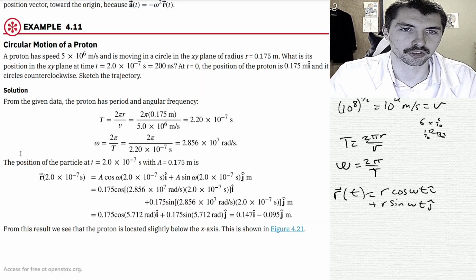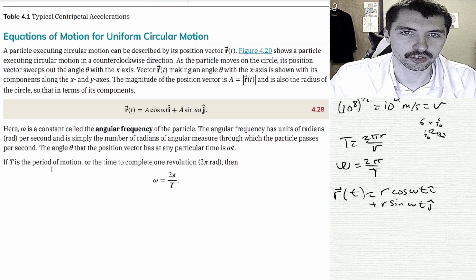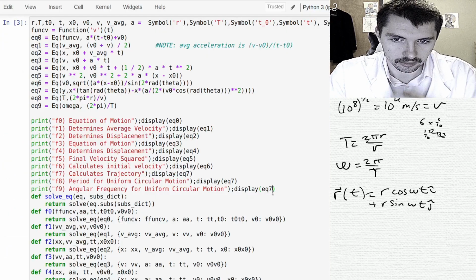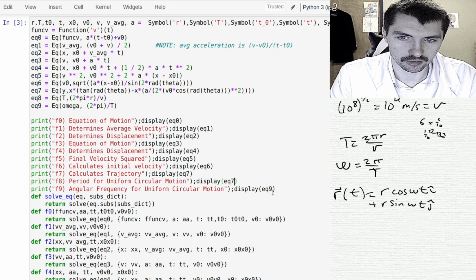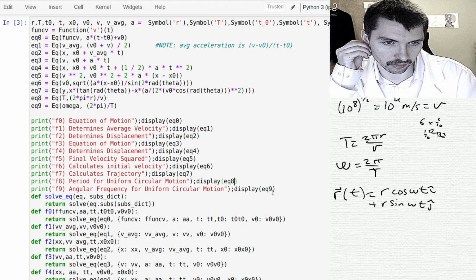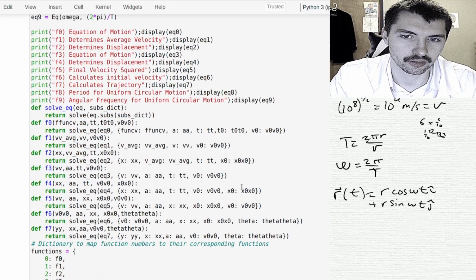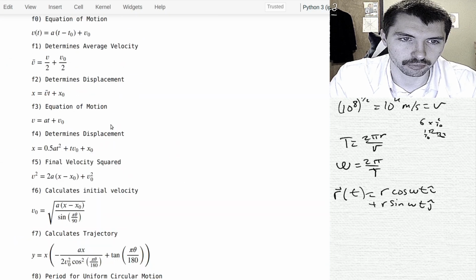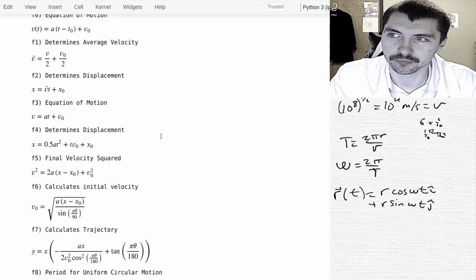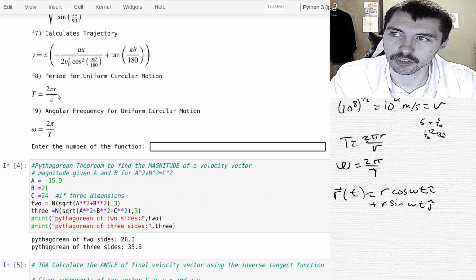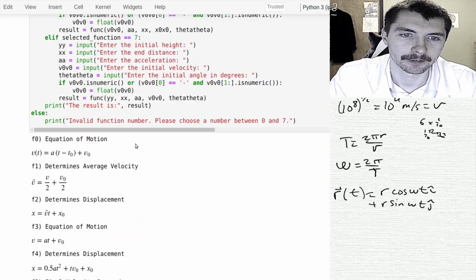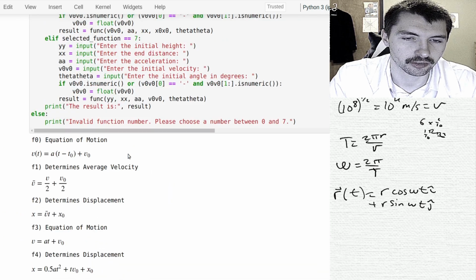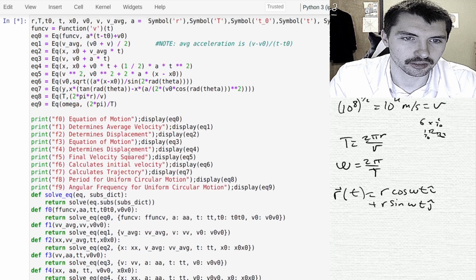I hope I'm spelling circular right. Circular, okay. Equation 9, 8. Let's see if these even display right. Okay, it looks like they're getting displayed right. 2 pi r over v, 2 pi over t. Period for uniform angular frequency. Okay. All right, good, good.